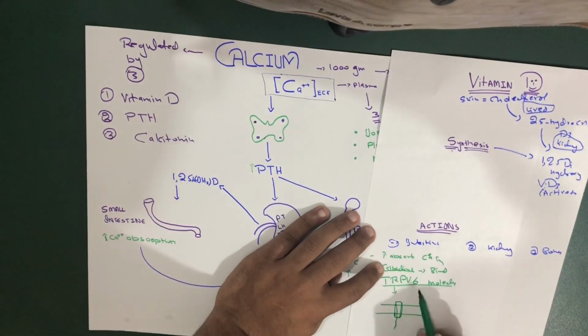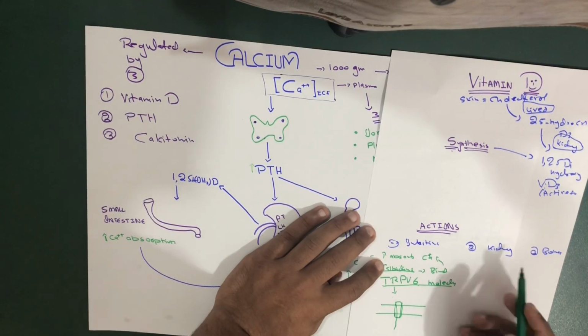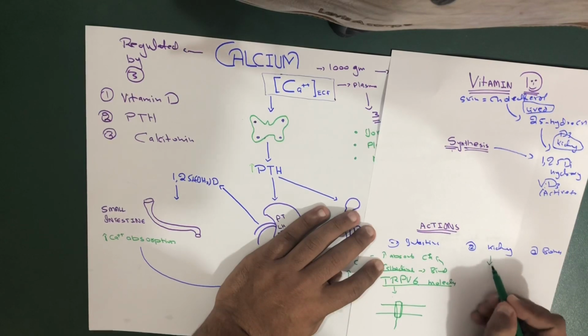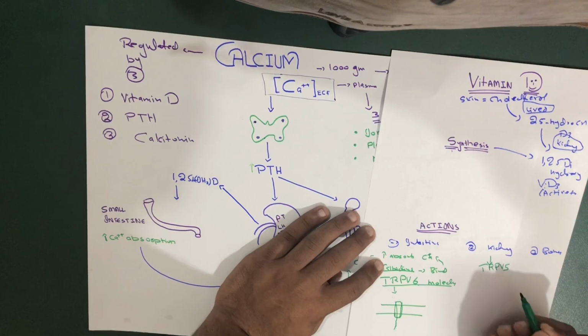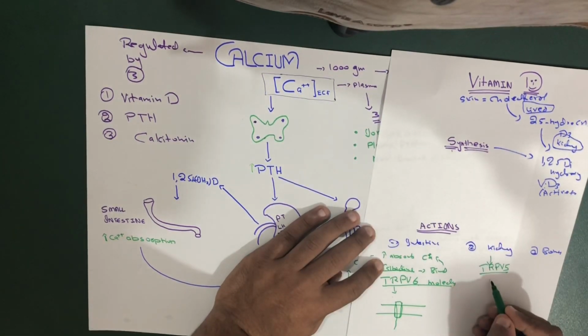Now if we go to the kidney, we have to remember what it does in the kidney. It increases the TRPV, again a membranous protein, but here it's TRPV5. In the kidney it happens in the tubules, right?